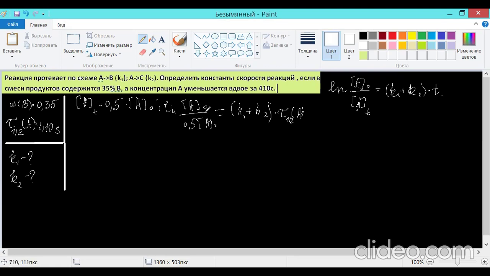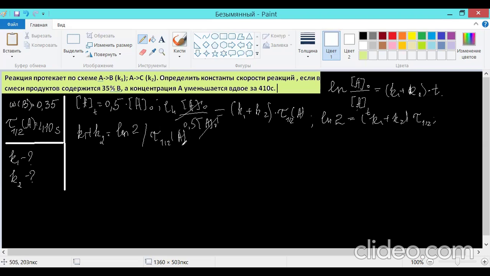These cancel, okay, and here we got 2. In other words, at this particular moment, we can calculate the sum of the two constants. So K1 plus K2 equals natural logarithm of 2 divided by tau for A.